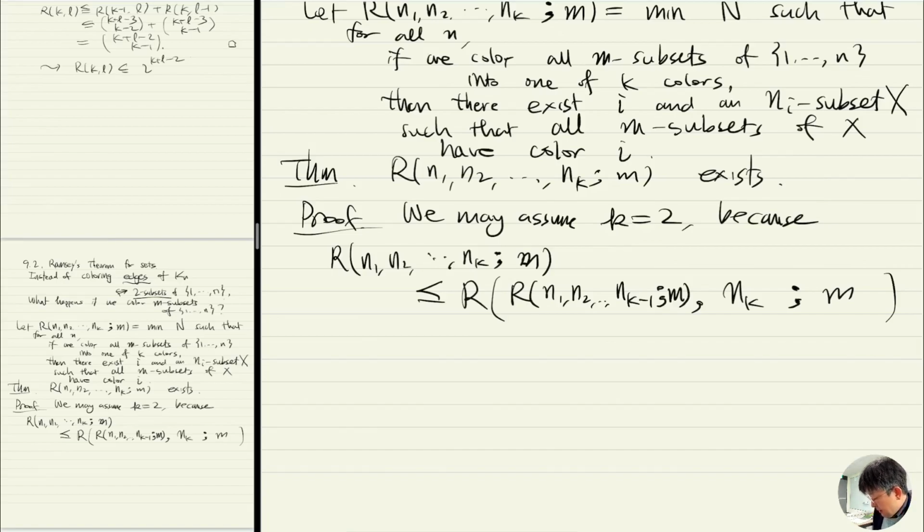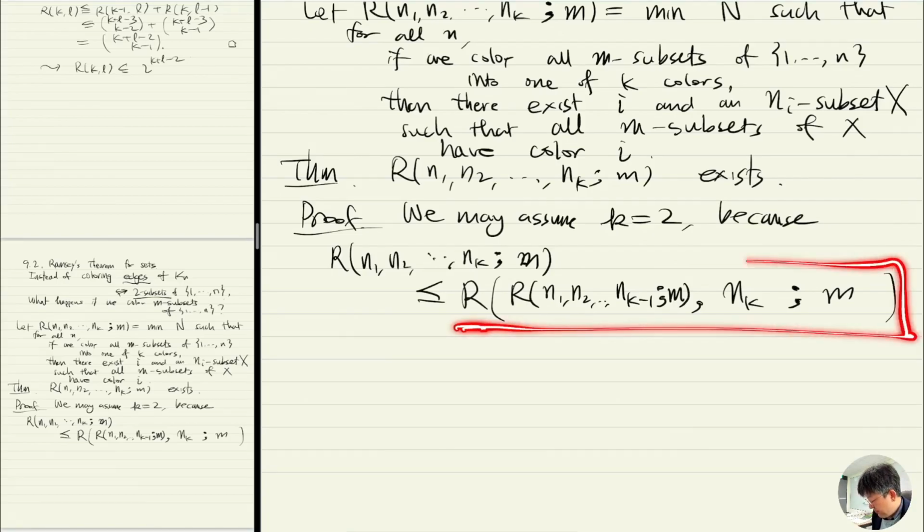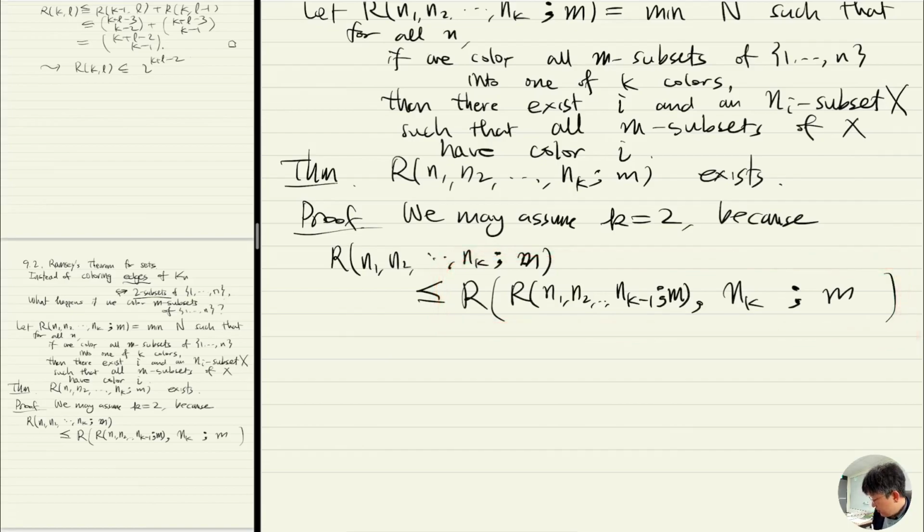This is the number such that no matter how I color the M-subsets by 2 colors, either I guarantee there's a subset of this size having the first color or a subset of that size of the second color. But if I have a subset of this size with the second color, then we are done. So therefore I can assume that I have subsets of this color.